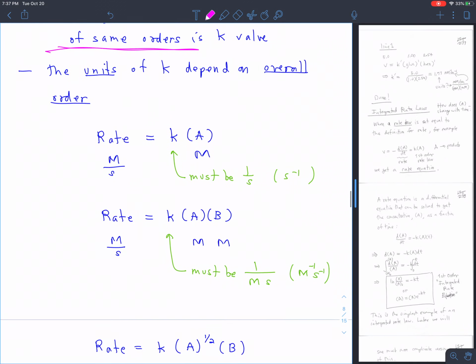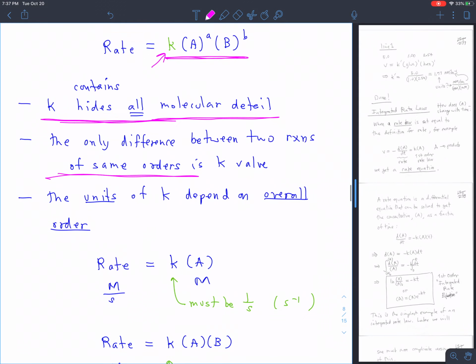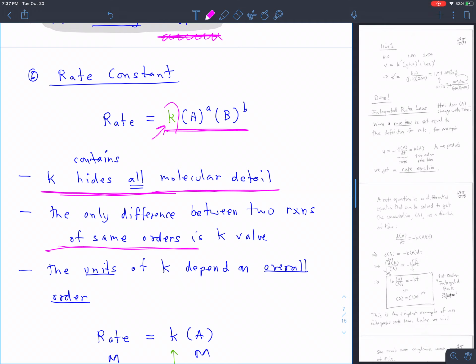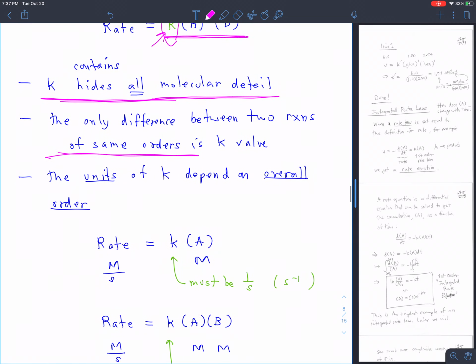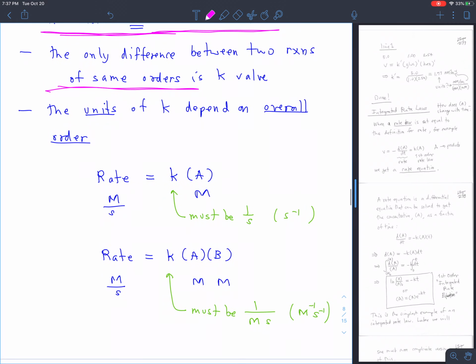All right, another thing to say, that the rate constant itself isn't really a single physical quantity. It's kind of a phenomenological parameter that gets put into chemical kinetics. And one of the manifestations of the fact that it's really not a single universal physical quantity is that its units change depending on the overall order of the reaction.